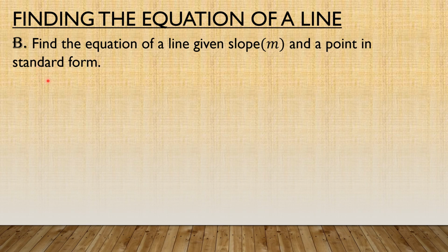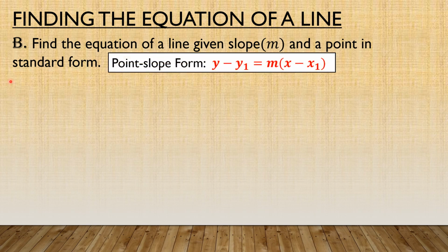Okay. Since we will be having slope and a point, therefore, we will use the point-slope form. The point-slope form is y minus y sub 1 equals m times the quantity x minus x sub 1. Let's have example number 1. m equals negative 3 and point which is at 4 comma negative 1.